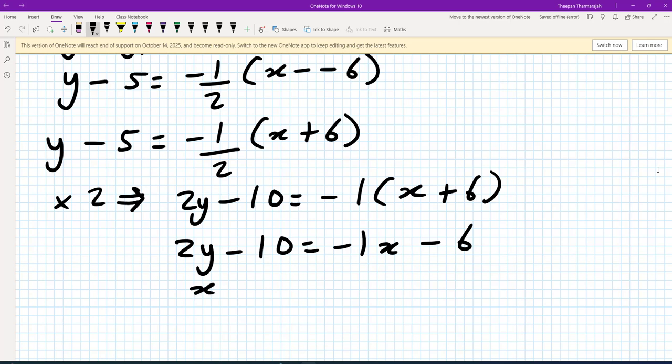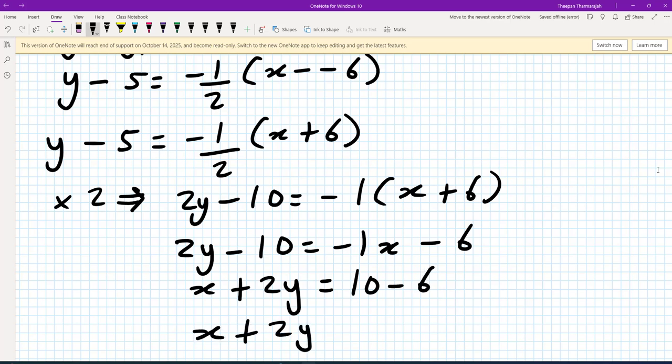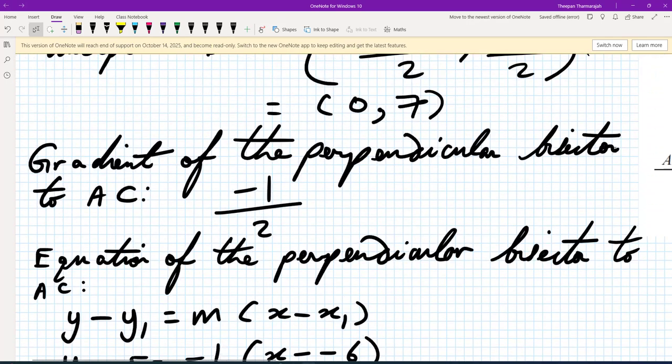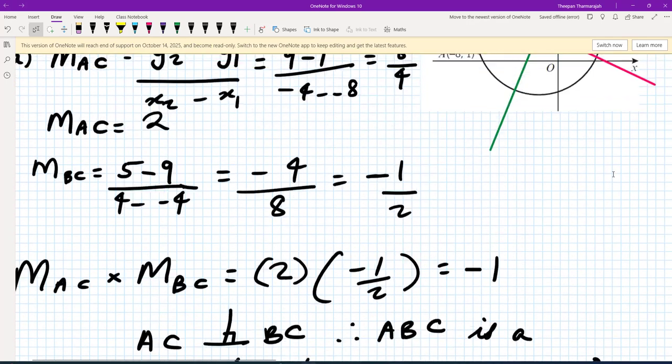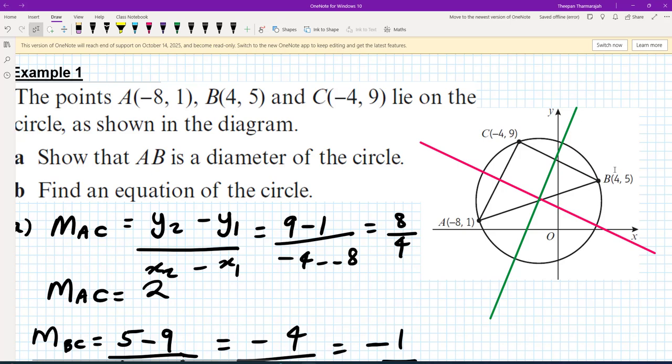So bringing everything to one side, x plus 2y is equal to 10 minus 6. So our first simultaneous equation is x plus 2y equals 4, and we're going to label that as our first simultaneous equation.